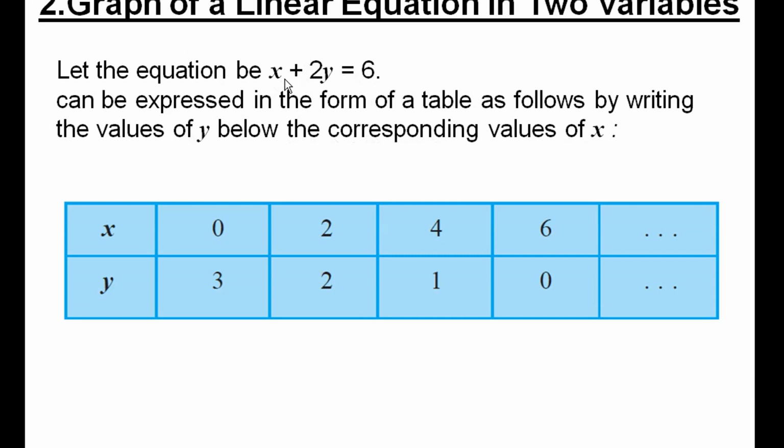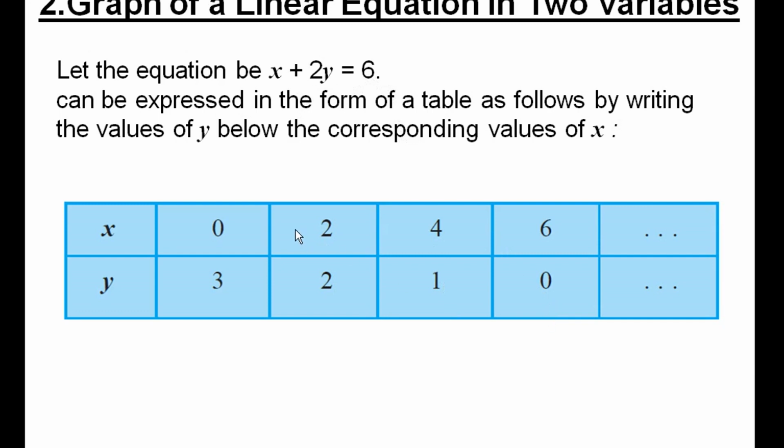When you simplify this equation, if you substitute x equals to 0, you will get y equals to 3. If you substitute x equals to 2, you will get y equals to 2. If you substitute x equals to 4, you will get y equals to 1. And if you substitute x equals to 6, then you will get y equals to 0.